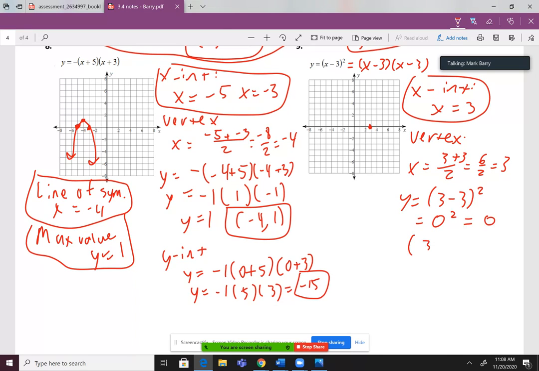So the vertex is at 3, 0. So in this case, the x-intercept is actually the vertex. Now this one doesn't have a negative out front, so I actually know that it opens up. So this is an example where this only has one x-intercept.